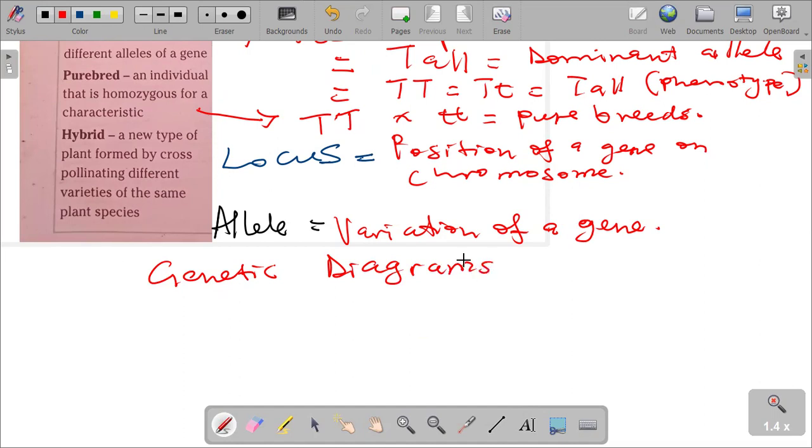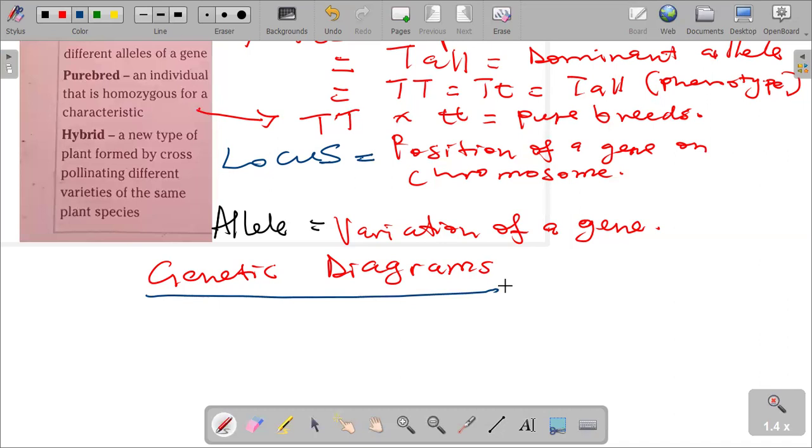What do we mean? What are we going to discuss here? Genetic diagrams are used to understand inheritance of characteristics in organisms. We always want to understand why organisms produce young ones that look alike to them.